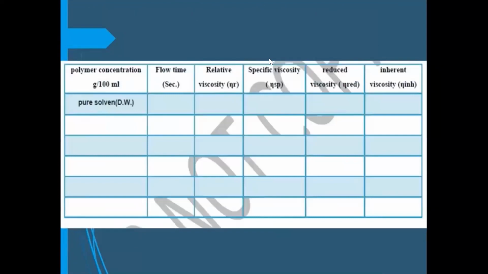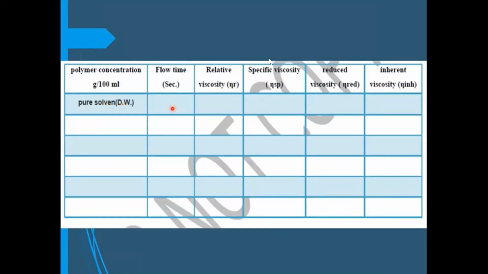After that, prepare this table, including polymer concentration in gram per 100 ml, flow time, relative viscosity, specific viscosity, reduced viscosity, and inherent viscosity. Now we have a pure solvent, distilled water.